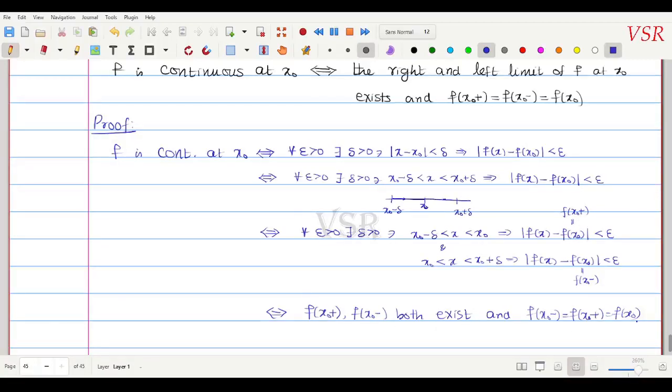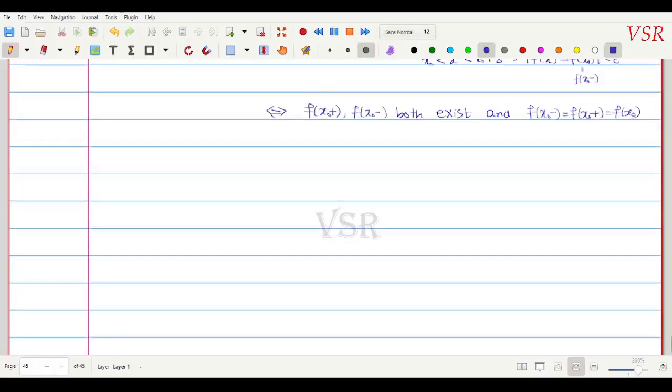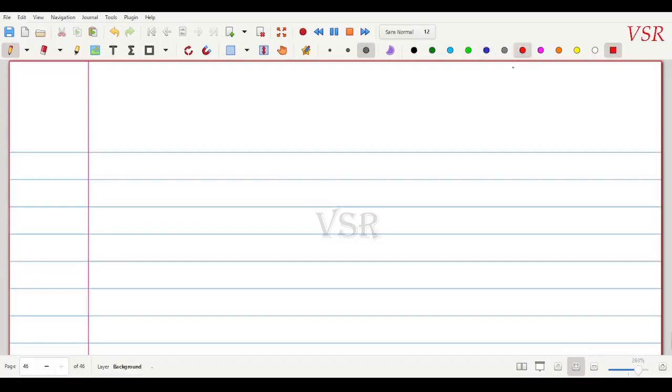Okay, now let us go to the types of discontinuity. I'll take it to the next page. Types of discontinuity. Let me just recall our previous theorem.